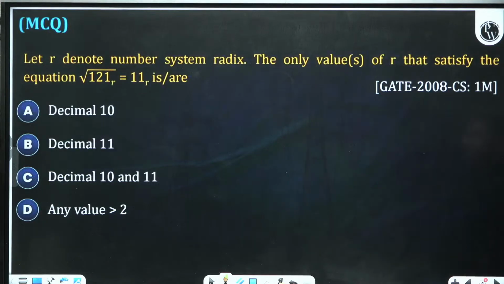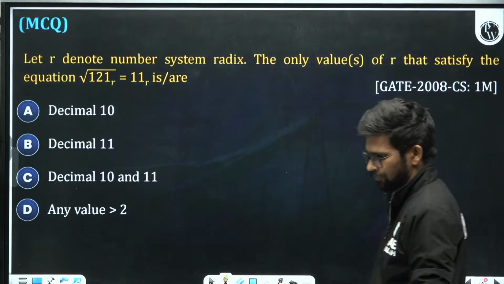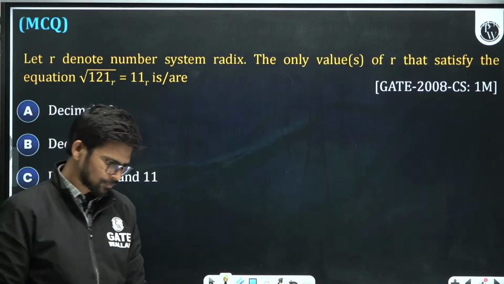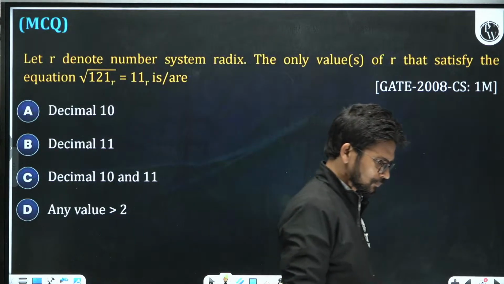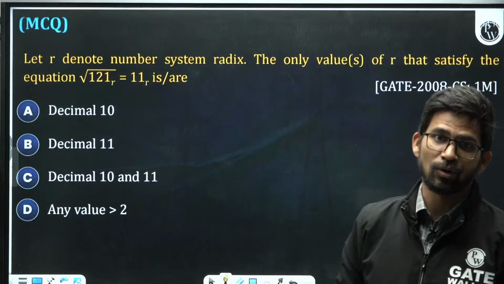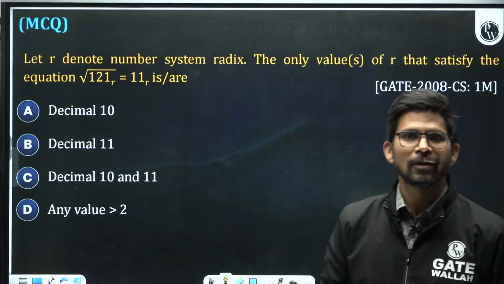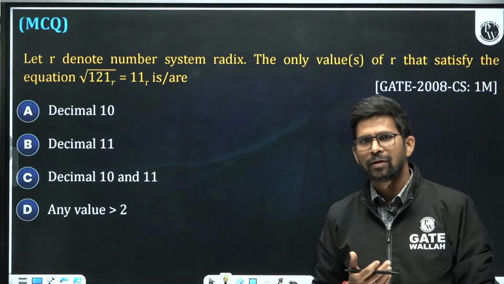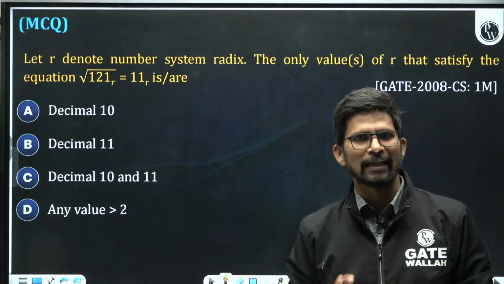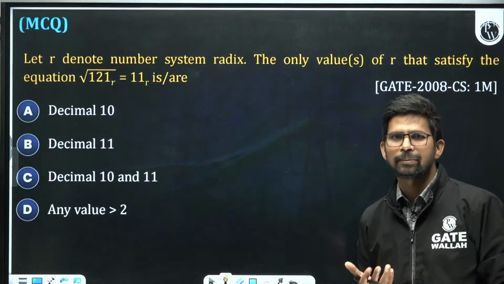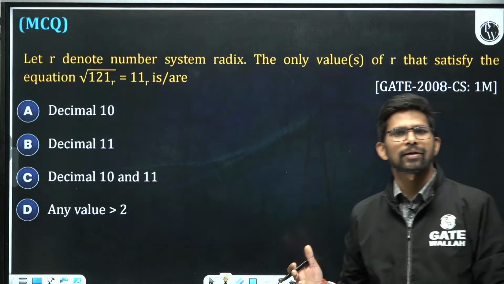What is the answer? So the basic principle of solving any question related to number system: if the base is unknown or the digits are unknown, try to convert the number into the equivalent decimal number, and then you will be able to solve it very easily, because you always solve equations in the decimal number system by default, and you know how to do all the operations.